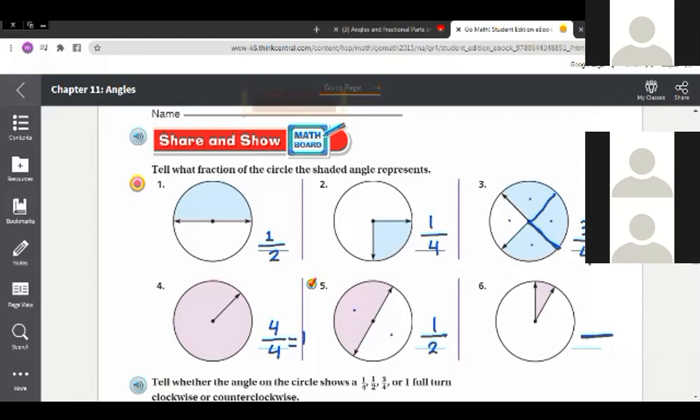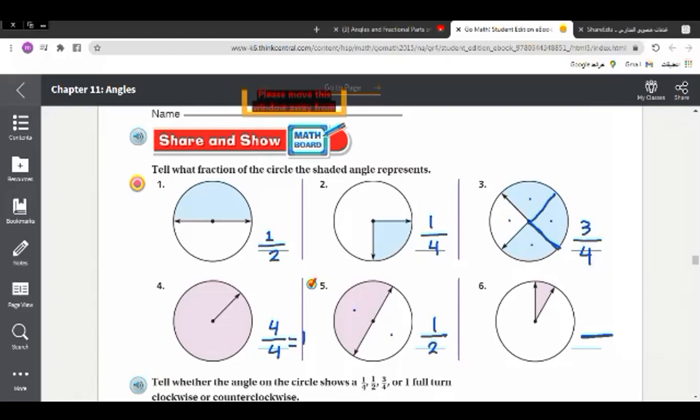How many numbers or how many parts in the whole clock? 12. So where should I write 12? Up or down?